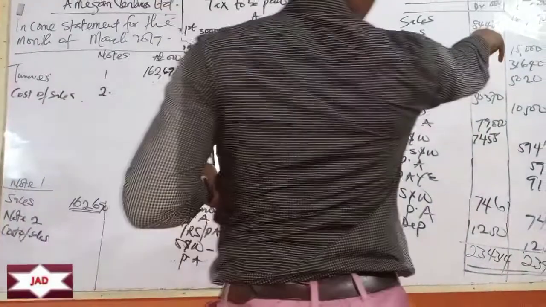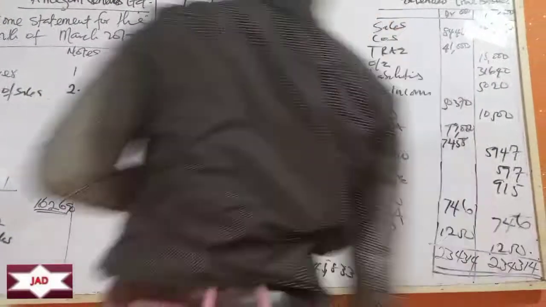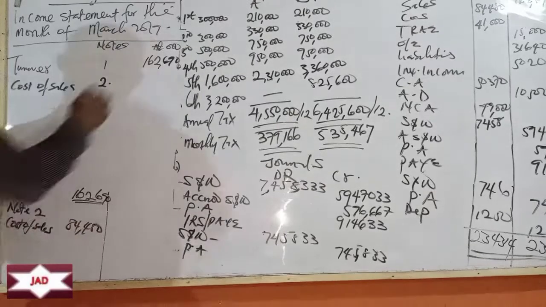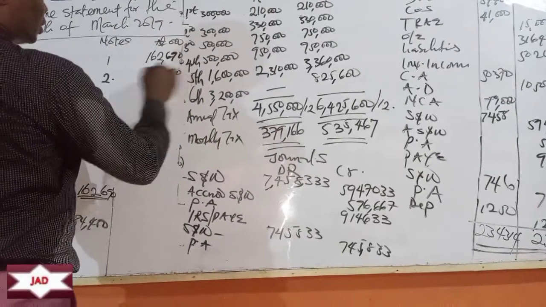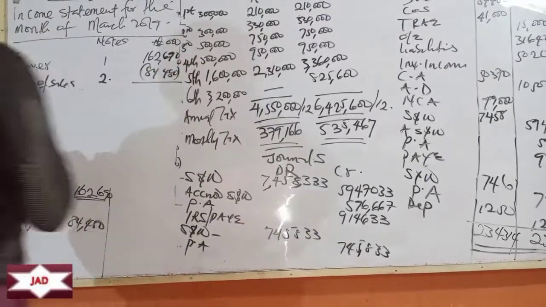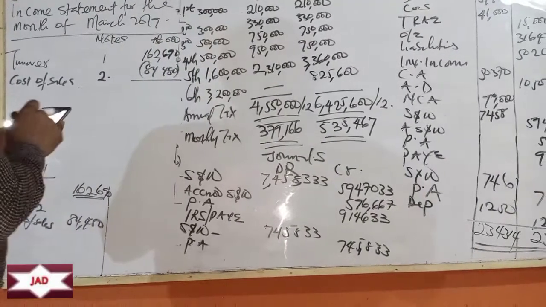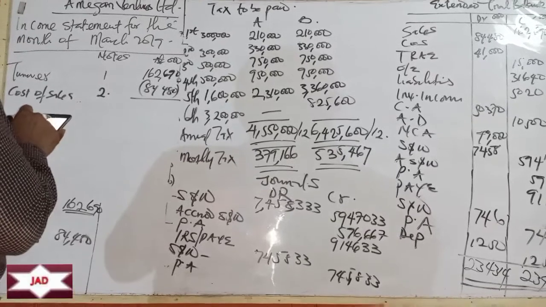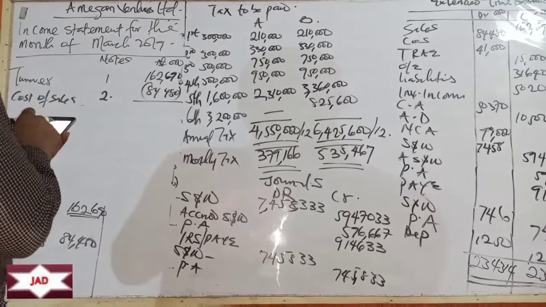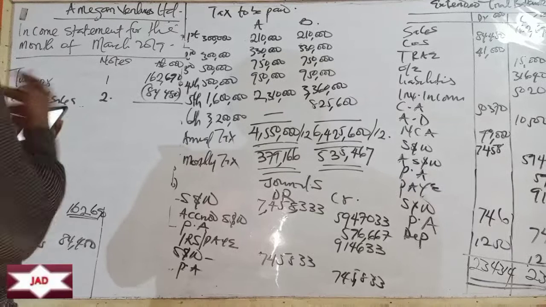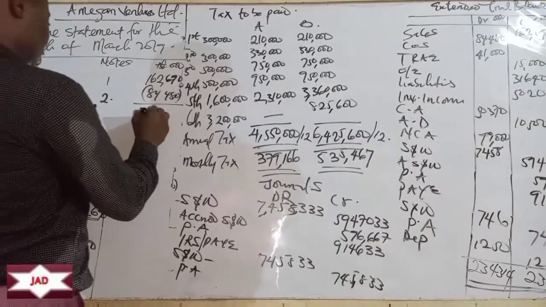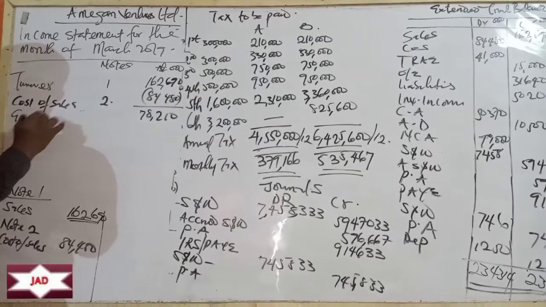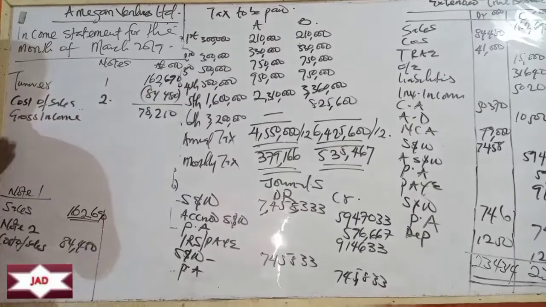I think we have 84,480. So if you take that out, what do you have? 162,690 minus 84,480. So I have 78,210. So this is your what? Your gross income.